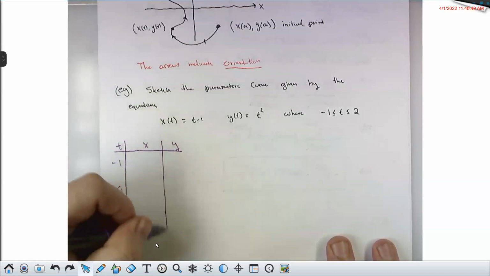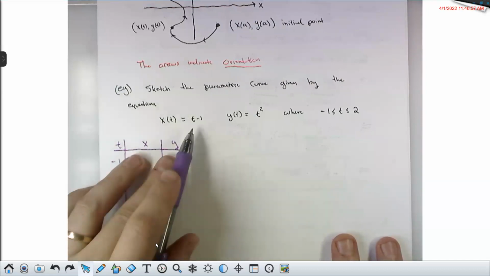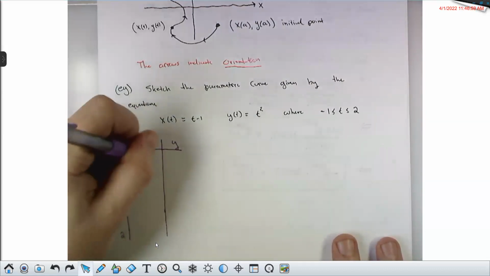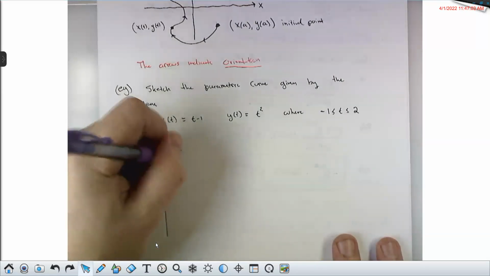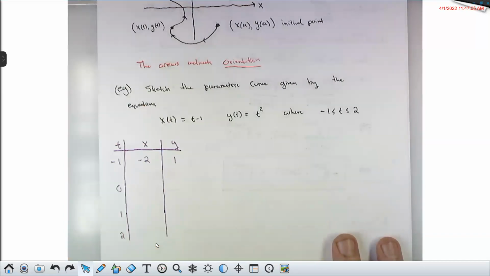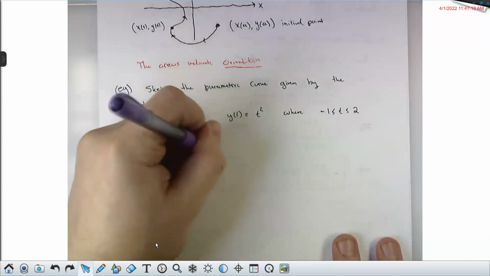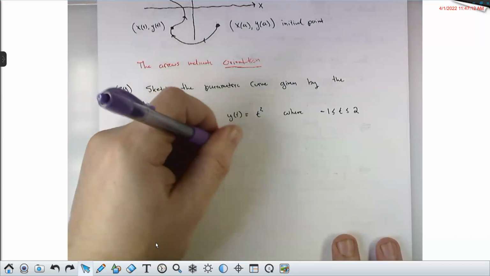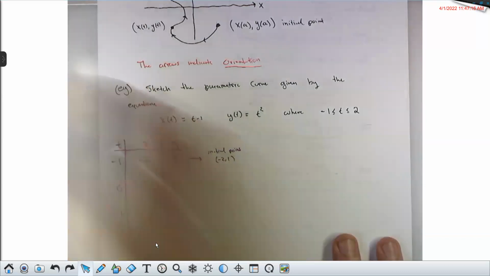I'm going to leave some space in there if I want to insert some in between T values later. When T is -1, X is -1 minus 1, which is -2, and Y is -1 squared, which is +1. This tells me that my initial point is the point -2, 1.